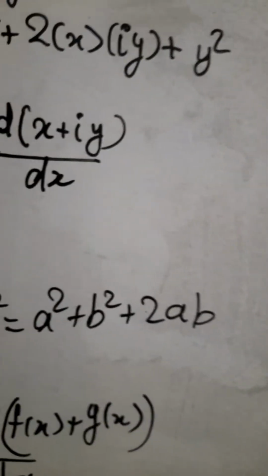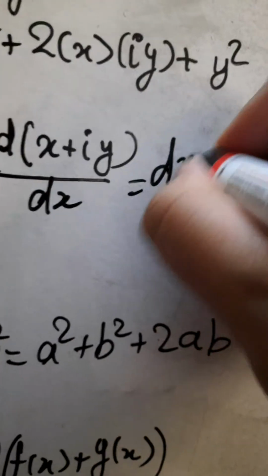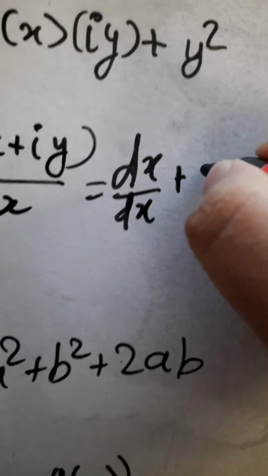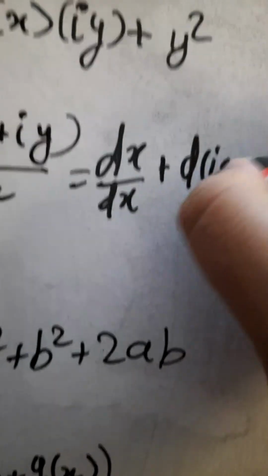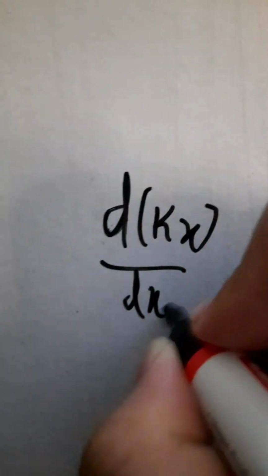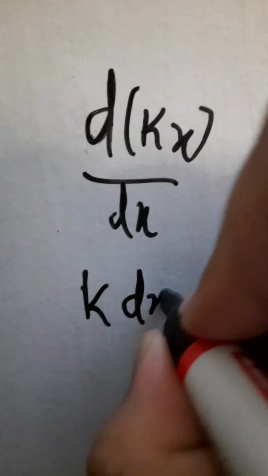So what we would do here is, dx by dx would definitely be 1 plus, wait a second, I would tell you that later, d of iy by dx. But since you know that i is a constant, when we do d of kx by dx, it is the same as k into dx by dx, right? Constants are taken out. So we can multiply constants after taking the derivative directly, okay?